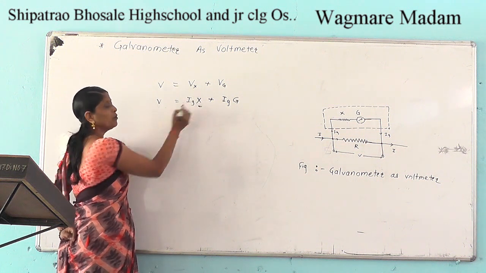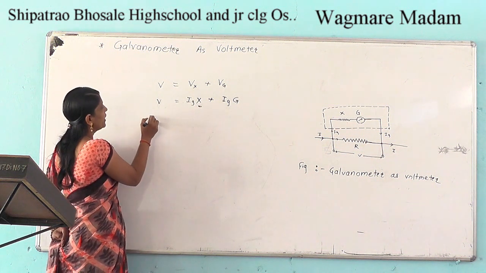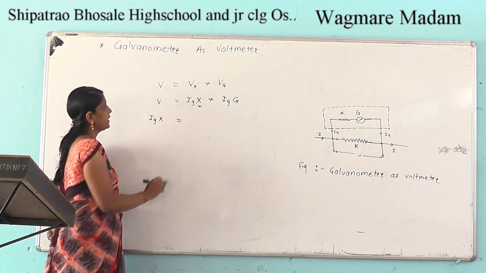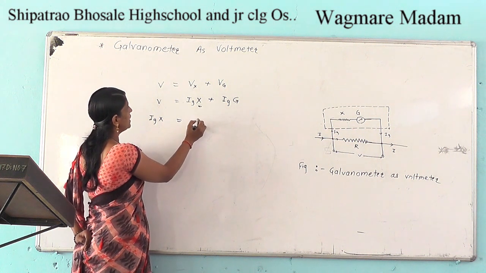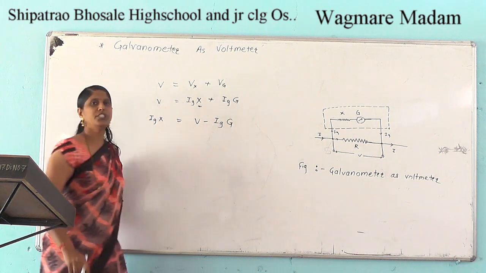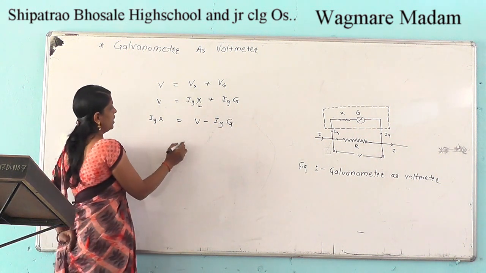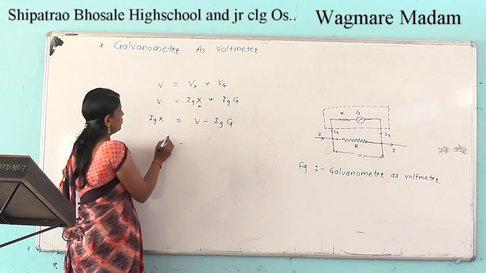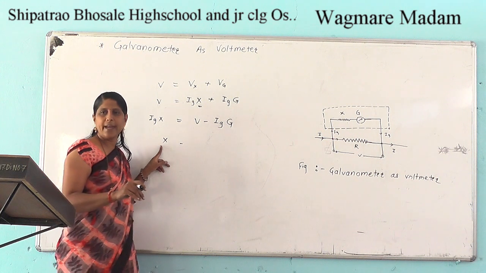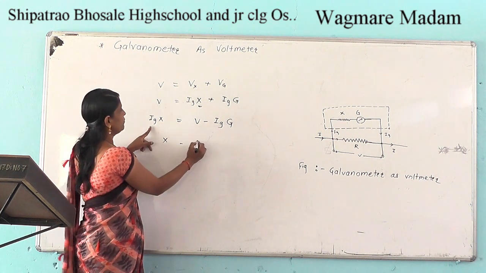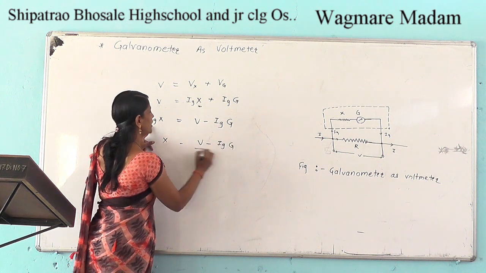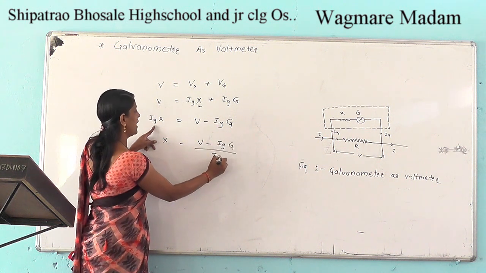We have to find the value of X. Therefore, taking this to the left side, it will be V minus Ig into G. So X is equal to V minus Ig into G upon Ig.